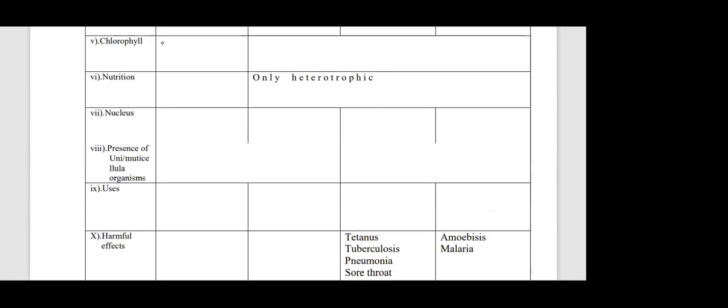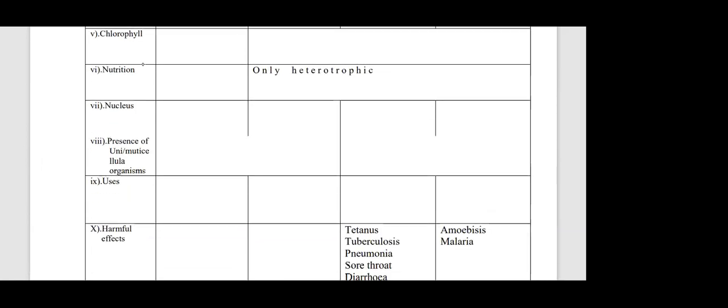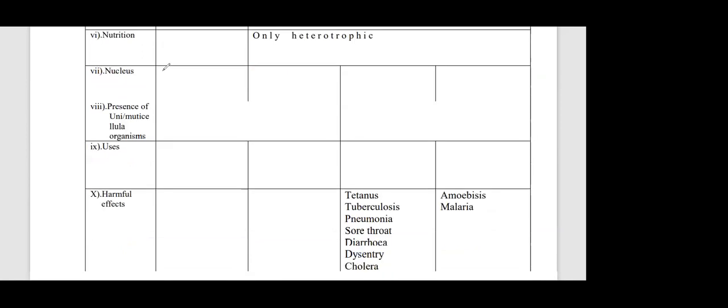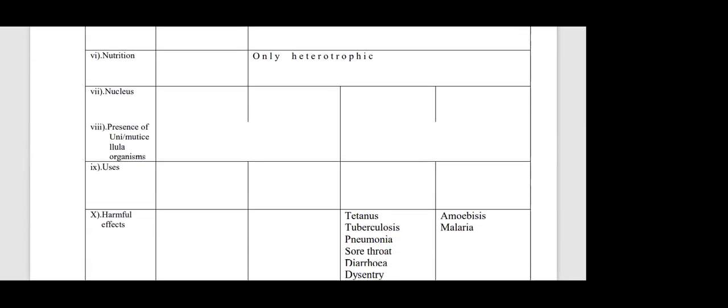Under heterotrophic, you can write within bracket nutrition. So algae, write autotrophic. Today we can complete the lesson. Algae, nutrition, autotrophic, but bacteria, all the others.